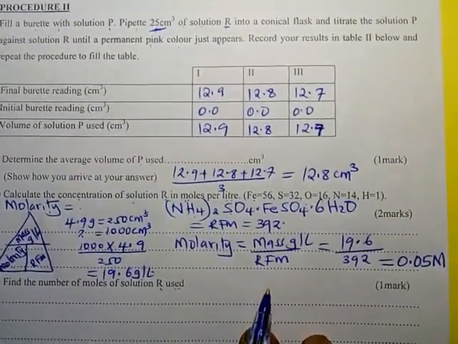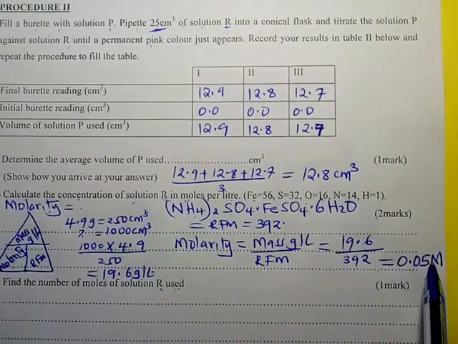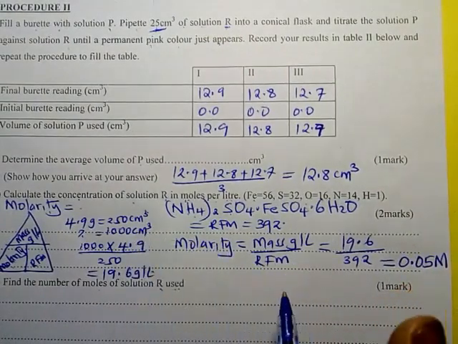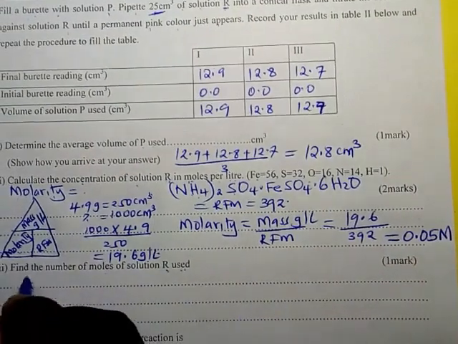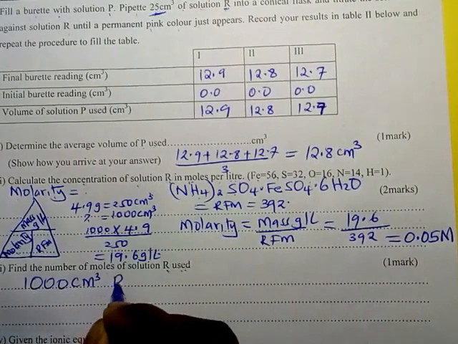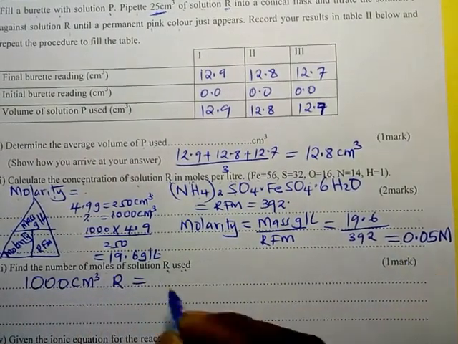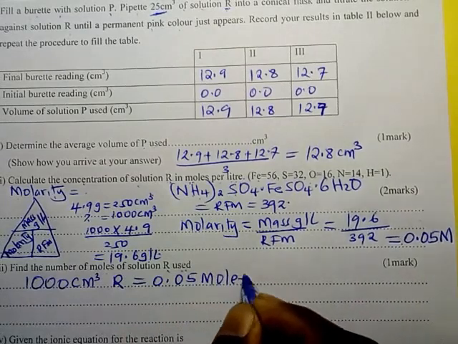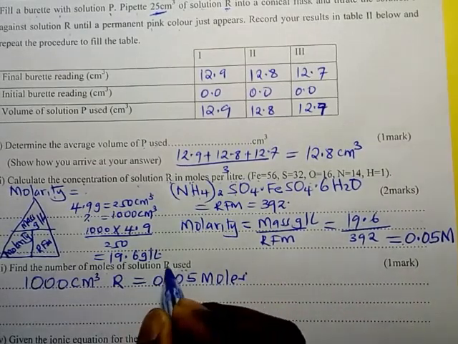But now we know the number of moles in 1 liter. This molarity is the number of moles in a liter. So we have that 1000 centimeters cube of solution R has 0.05 moles. The volume of R used is 25.